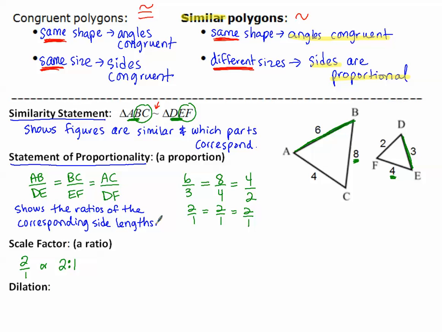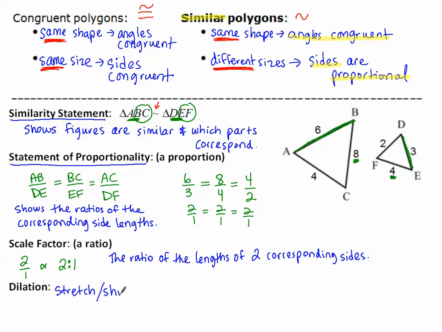The scale factor is the ratio of the lengths of two corresponding sides for the similar polygons. A dilation is kind of another way to say the scale factor. A dilation means a stretching or a shrinking from one figure to the next.